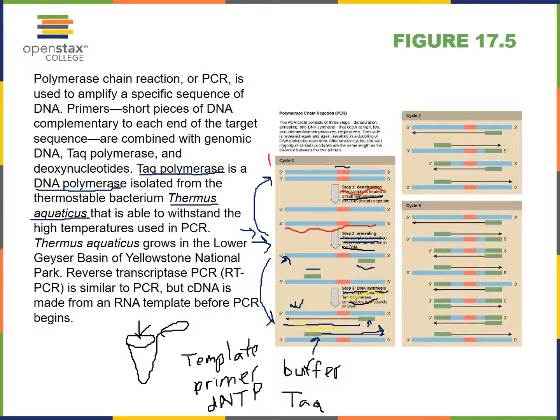And then the third step, elongation, or the synthesis step, Taq polymerase will elongate off the primer using the template. And then also in your test tube, you need dNTPs, the building blocks of DNA, so you can synthesize this DNA. And then you need buffer to keep Taq polymerase happy and your DNA happy. So that is it for PCR.